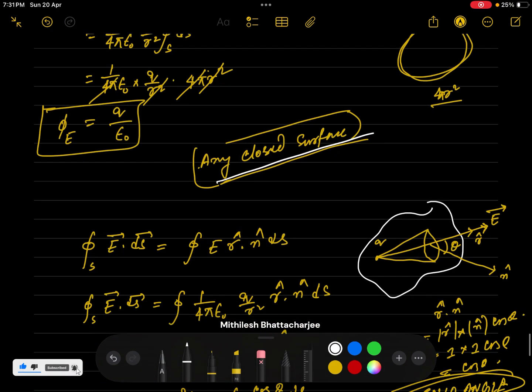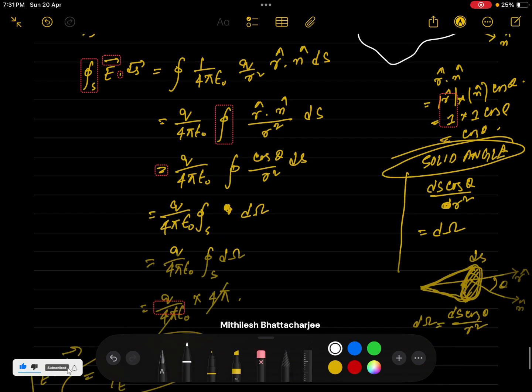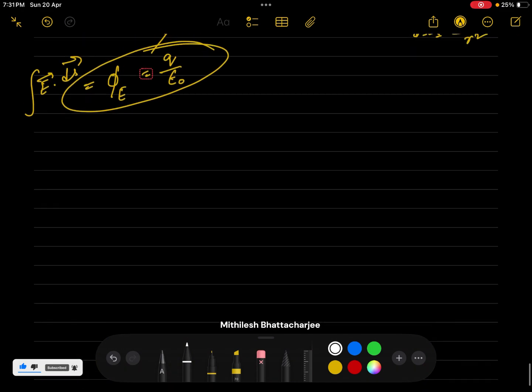And for unsymmetrical closed surface, the proof of Gauss law is there. Okay, fine. So now move to the next part, which is the applications of Gauss theorem.